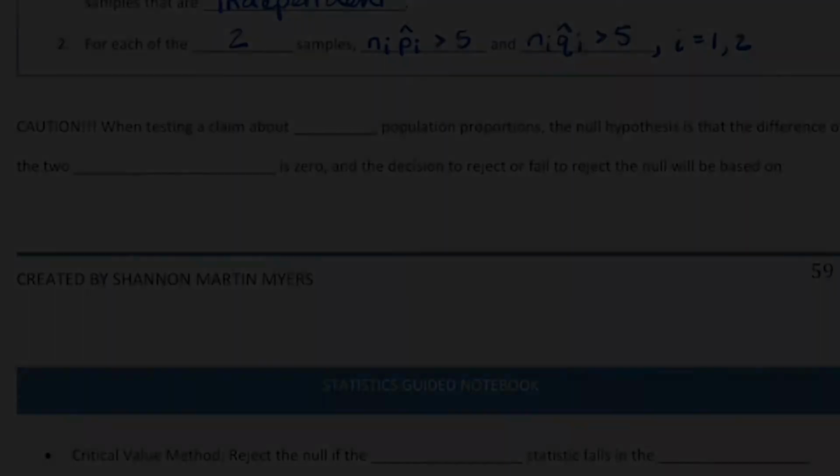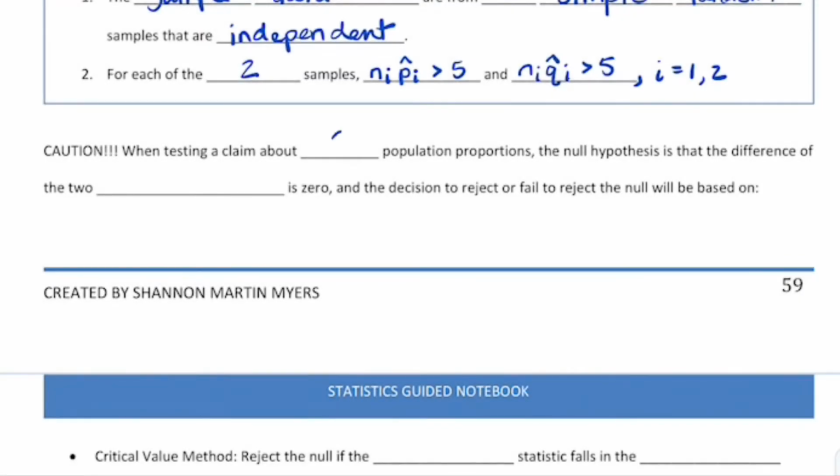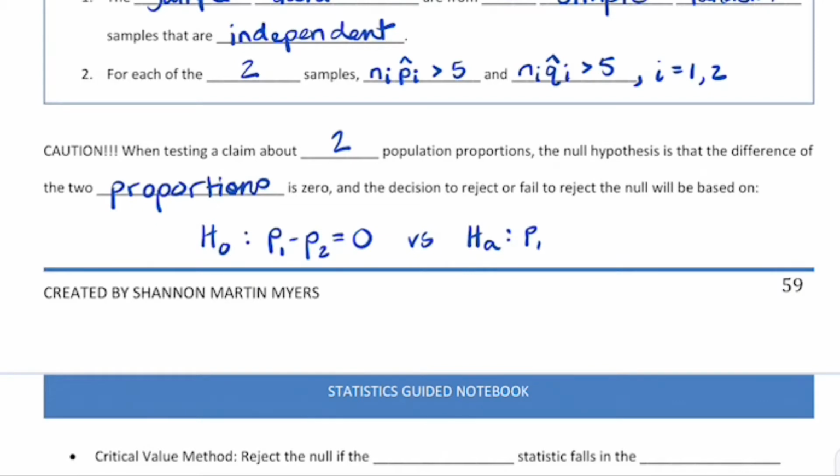Groovy? All right. So when testing a claim about 2 population proportions, the null hypothesis is that the difference of the 2 proportions is 0. And the decision to reject or fail to reject the null will be based on the null hypothesis of P1 minus P2 equal to 0 versus the alternative, which is P1 minus P2 is not equal to 0.